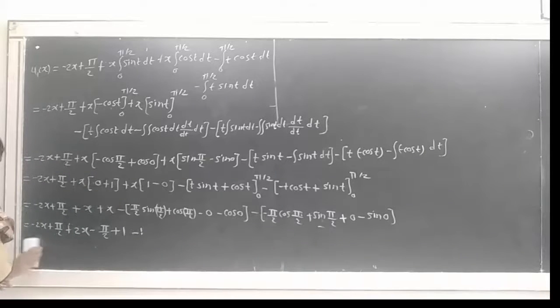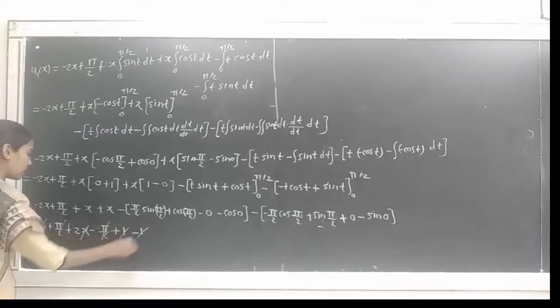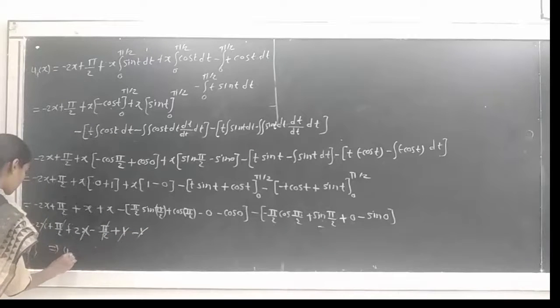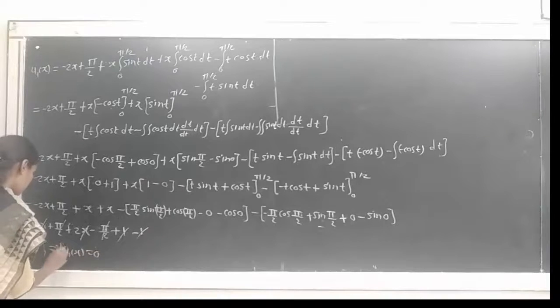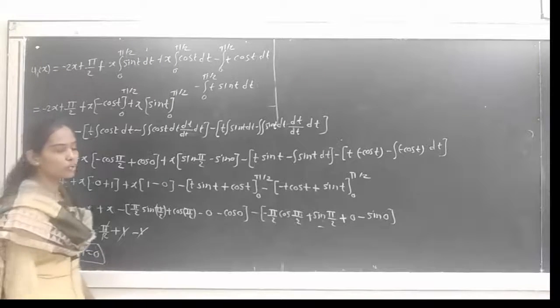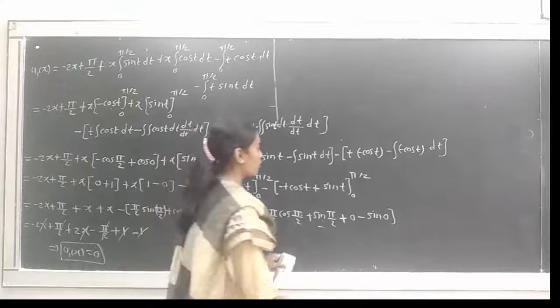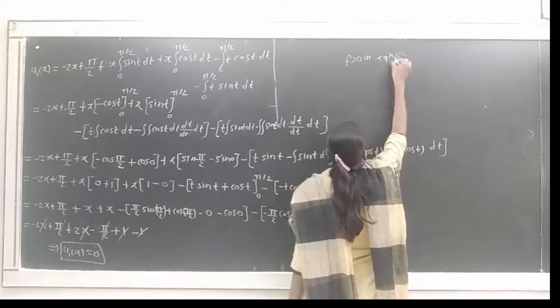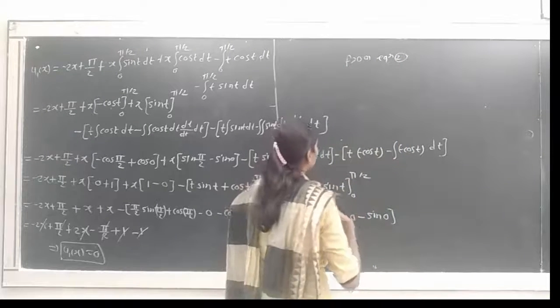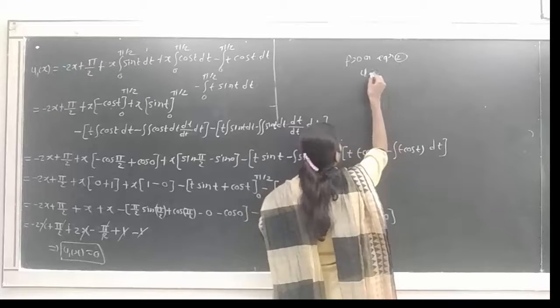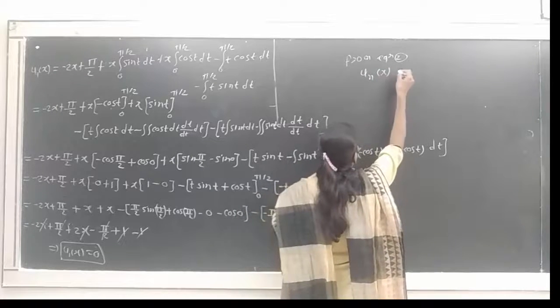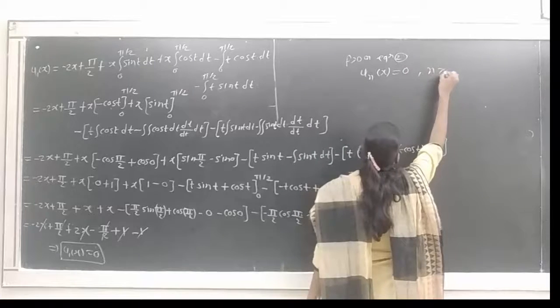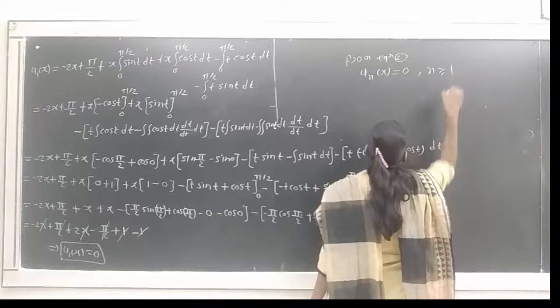If we observe, minus 2x plus 2x gets cancelled, then plus pi by 2 minus pi by 2 gets cancelled, plus 1 minus 1 gets cancelled, so we get here u1 of x is equal to 0, and if u1 of x is equal to 0, then from the recurrence relation 2, we get un of x is equal to 0 for n greater than or equal to 1.